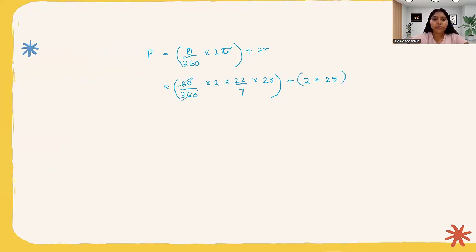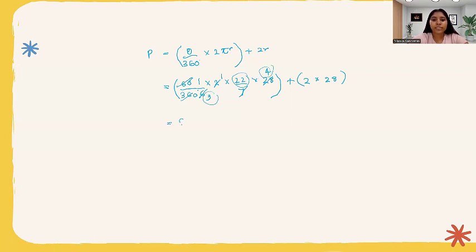Let's simplify. This is 1 over 6. 3 cancels with this 6, cancels with this 2. And again 7 cancels with 28, 4. And let's write the remaining.